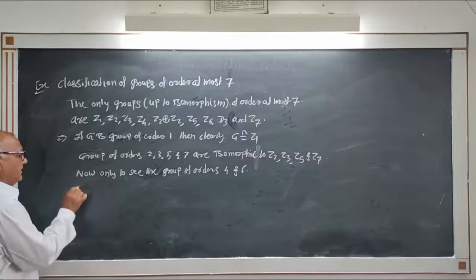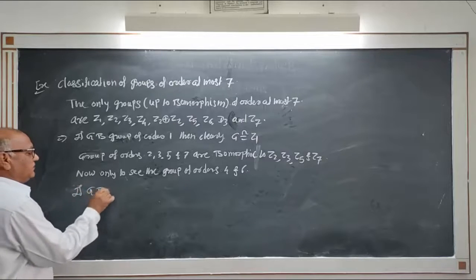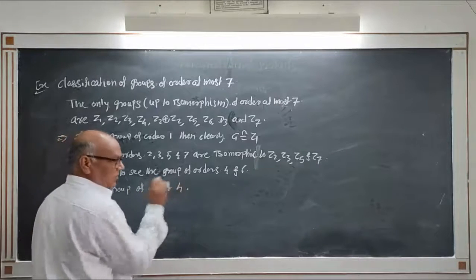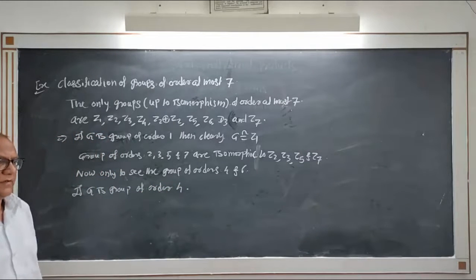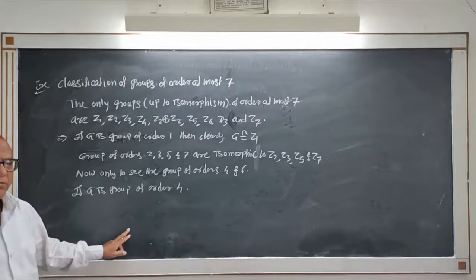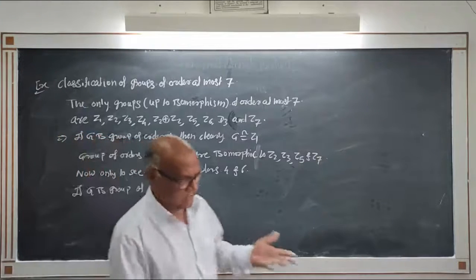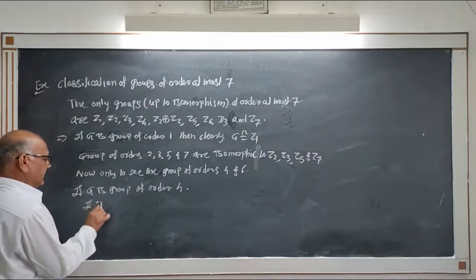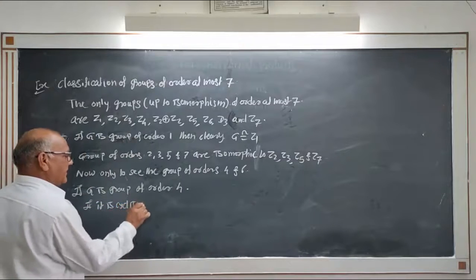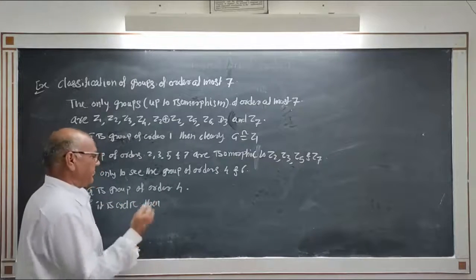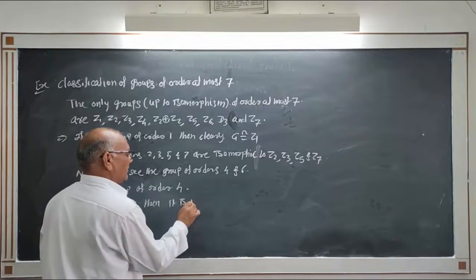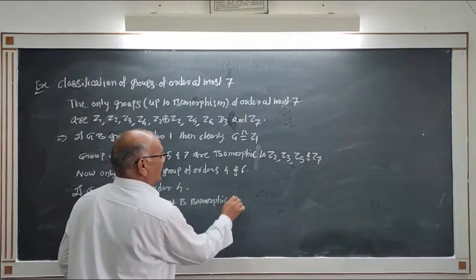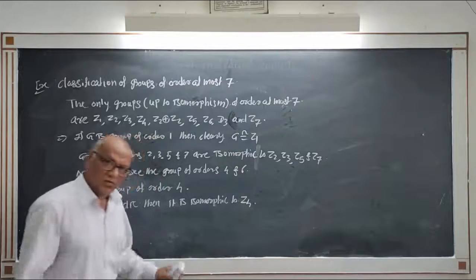Now, if G is a group of order 4, and if it is cyclic, then it is isomorphic to Z4.